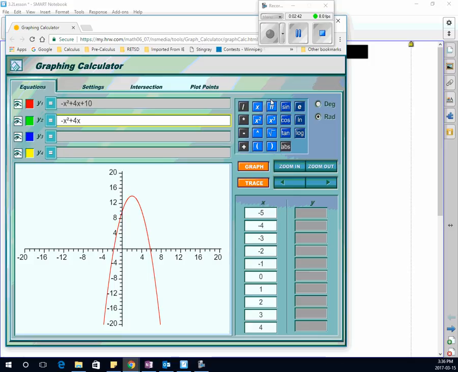If you want, you can put plus 0, but you don't really need that because it doesn't really do anything. So that will be my green one. So is it the same shape? What's happening there? So then now we're going to do minus x squared plus 4x. And then this time it's going to be subtract 5.